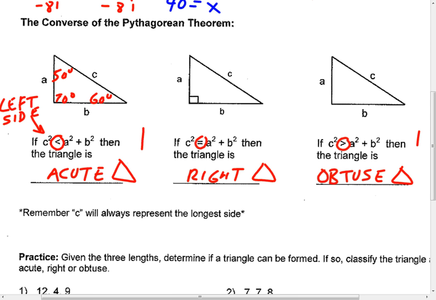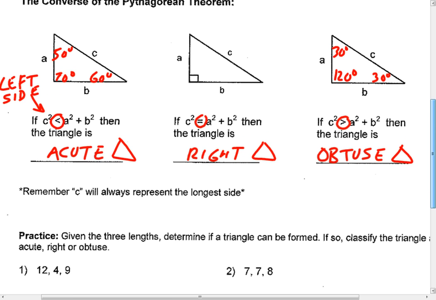So try to keep the c squared off to the left when you're dealing with this rule. And over here, maybe we'd have something like 120 degrees, 30, and 30, just as an example.